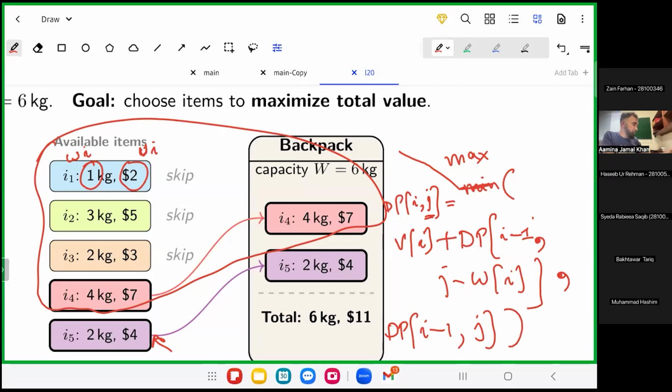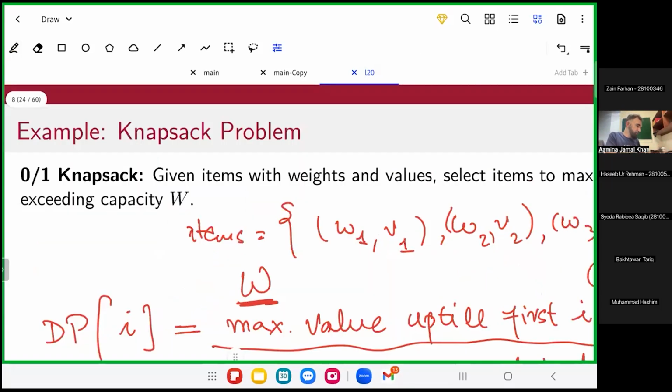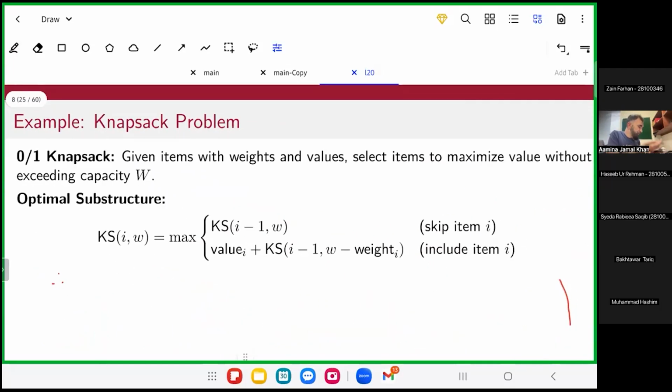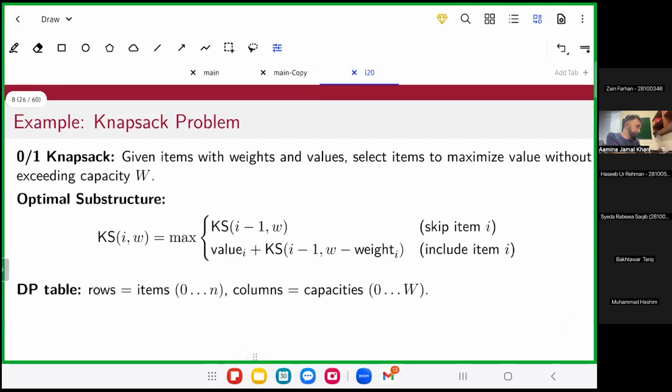Let's go and see the same equation, hopefully more clearly, on the next slide. So the DP name here is KS, for knapsack. KS of I comma W is KS of I minus 1 comma W if you decide not to pick the ith item. If you decide to pick it, then it's going to be the value of I plus KS of I minus 1, W minus the weight of I. Okay, so that's the optimal substructure for knapsack, and this is what you keep in your DP state.